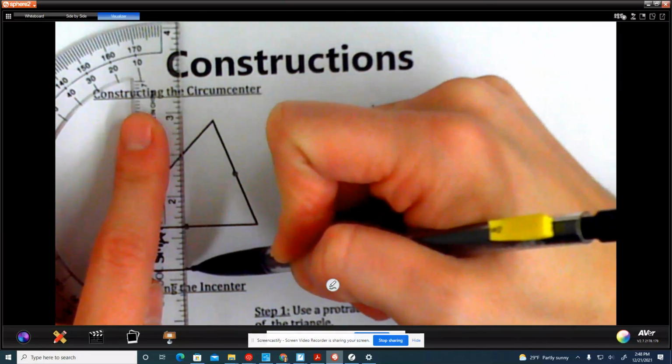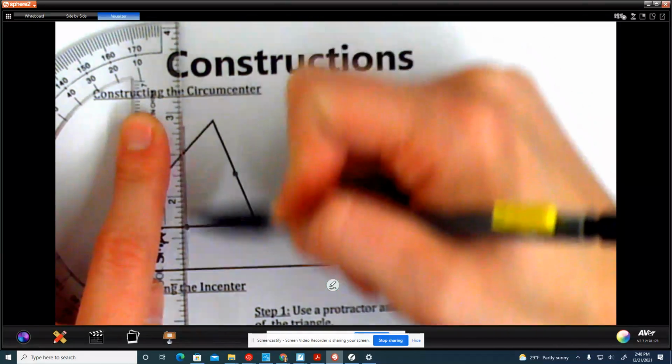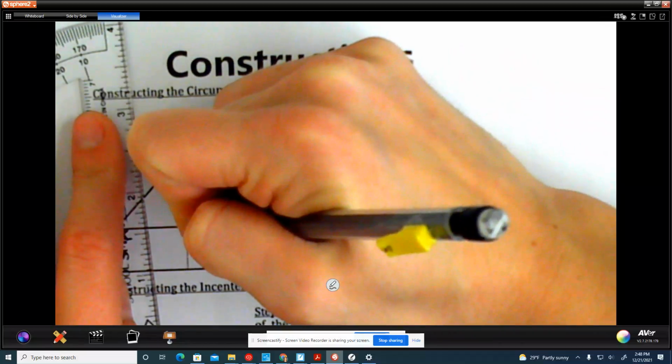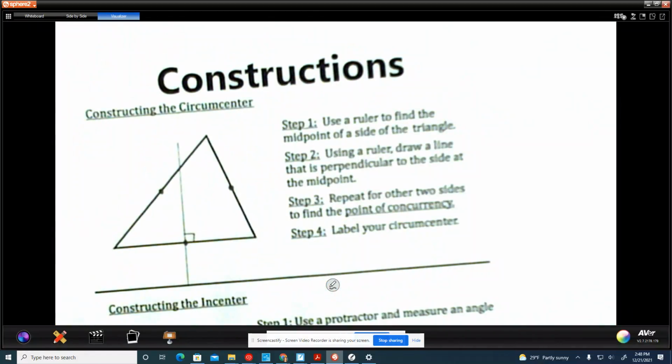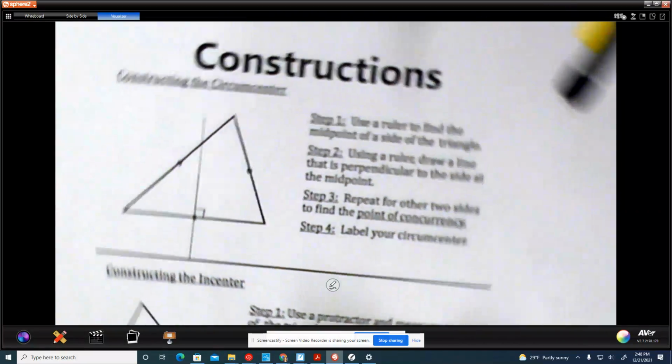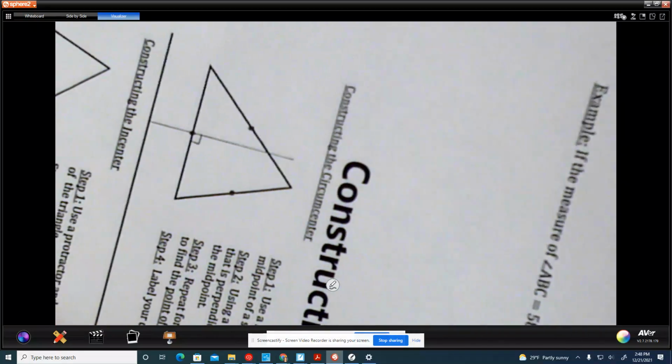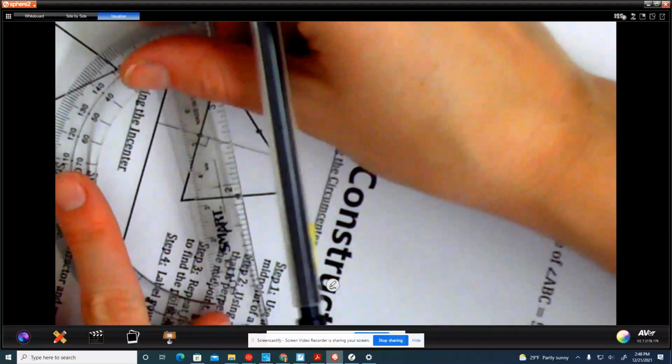Just draw as perfectly as you can a line that looks like it's perpendicular, aka forms a right angle with each side. So I think it's easiest to twist your paper and make each side horizontal. Like that. And then just draw a bunch of vertical lines.